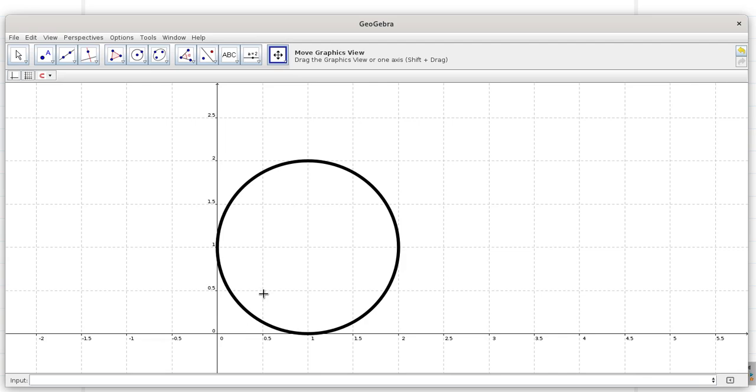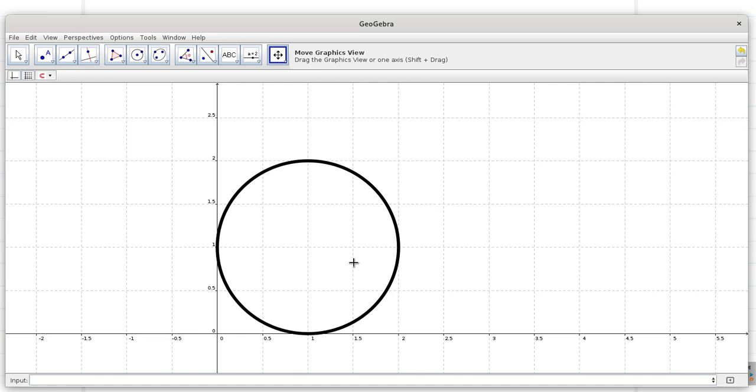When you say x minus 1, it's like you're holding the circle steady and the graph paper shifts to the left. Right? Y minus 1, the graph paper moves down, I mean, so that the circle moves up.